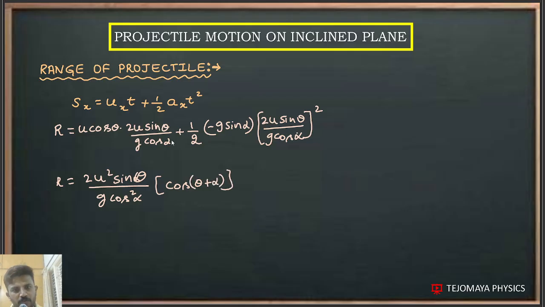So this is the formula. If you simplify this, taking the common terms 2u square sin theta, you will get cos theta into cos alpha minus sin theta into sin alpha. So from that you will get this formula.